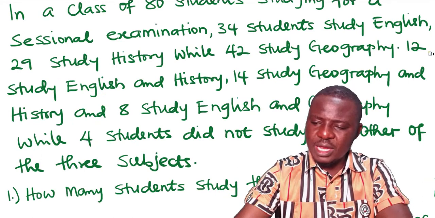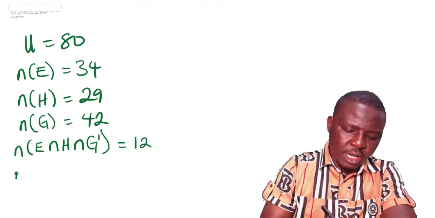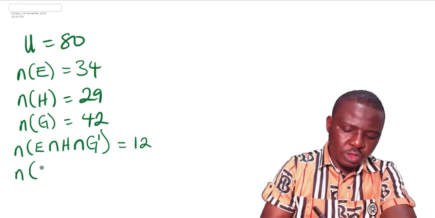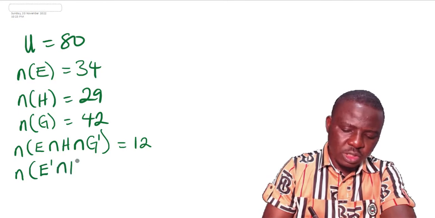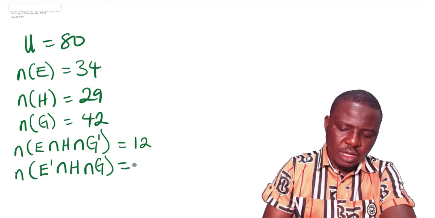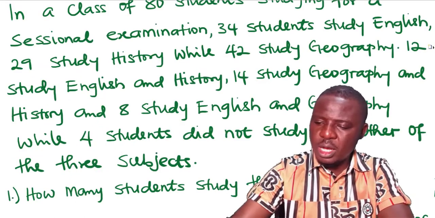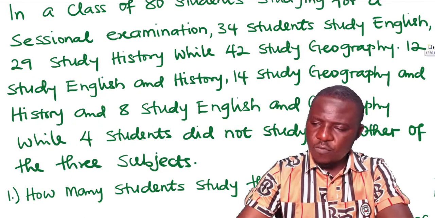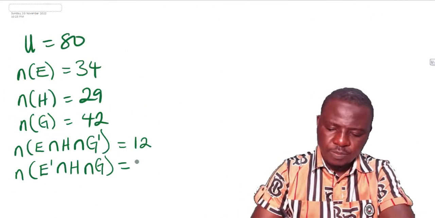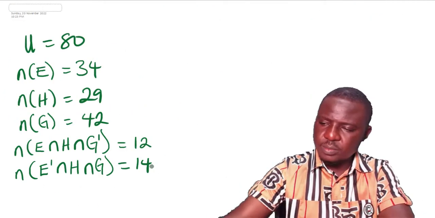So n of geography and history is 14. So this is E prime intersection history intersection geography, and we are told there are 14 in number.